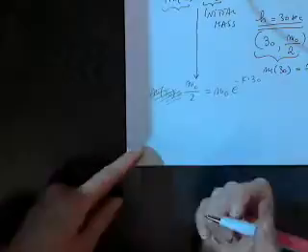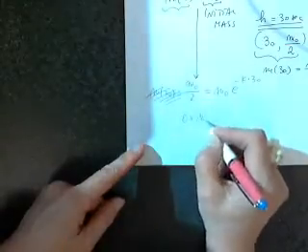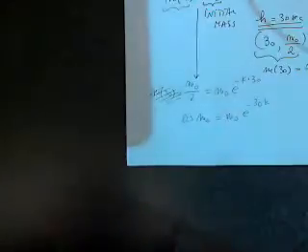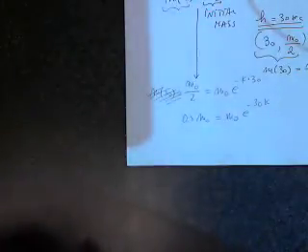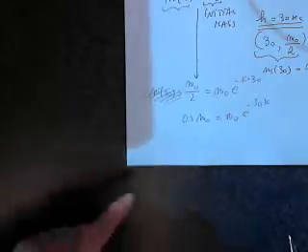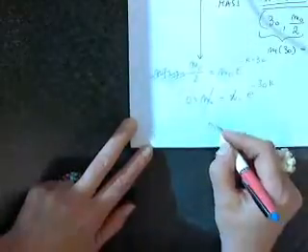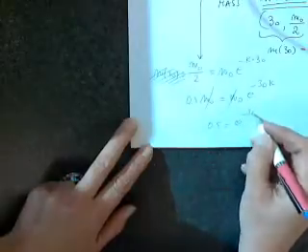So another way of writing the left-hand side is 0.5 m0 equals m0 e to negative 30k. And now it's easier to see. I will divide both sides by m0. So then 0.5 equals e to negative 30k. So I clean it up, and I can apply natural log now.